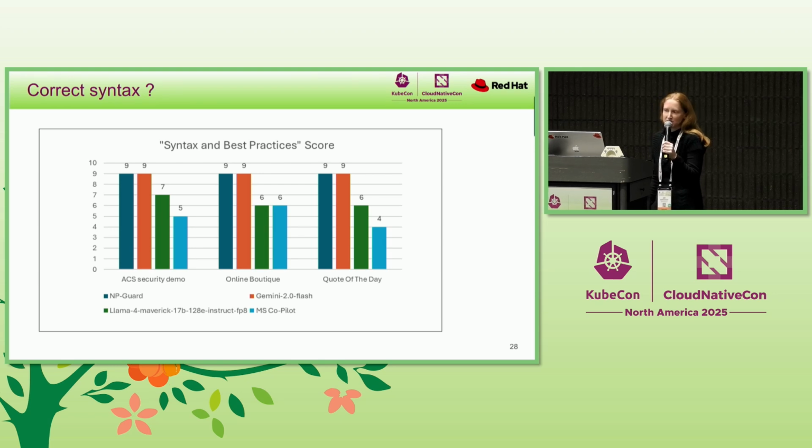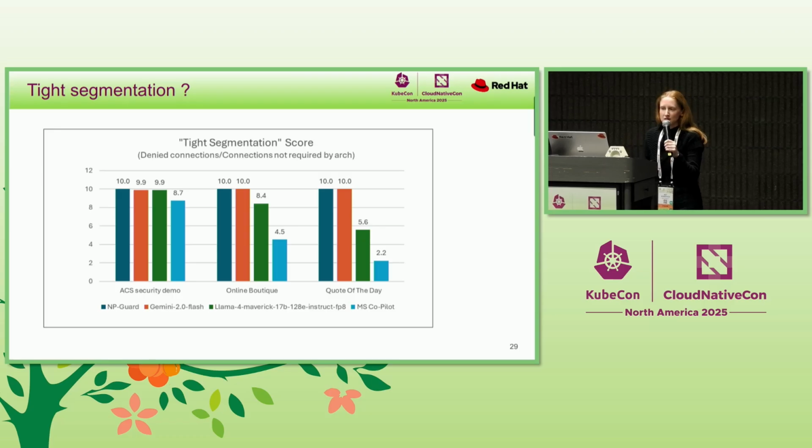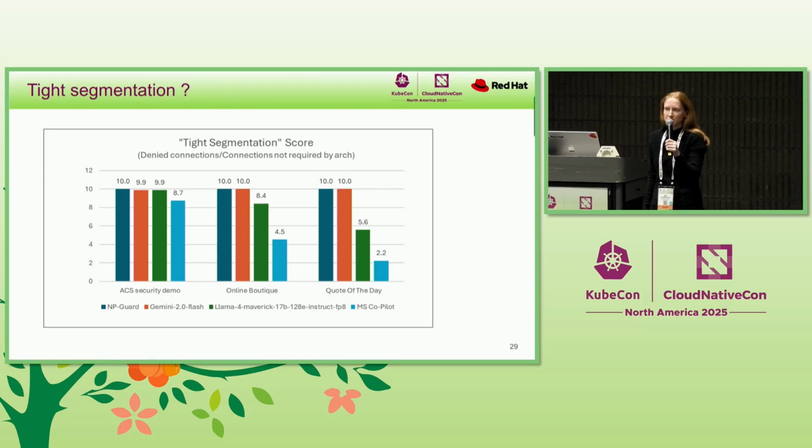LLMs sometimes do create policies with syntax issues that cannot be used as is. So I had to manually fix those policies to continue with the experiment. Then for the tight segmentation score, we can see that NP-Guard has the highest scores, of course, and some of the LLMs are not as good for this task. Gemini here had a high score.